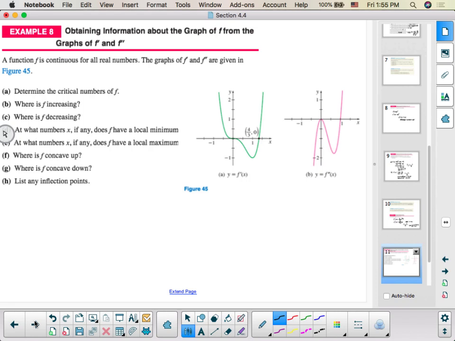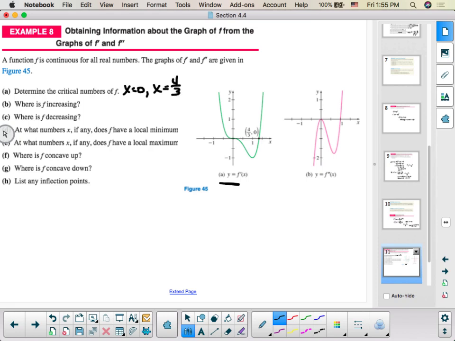Okay, in this example, we are going to be using the first derivative and the second derivative to answer these questions. So if we want critical numbers for the function, we're going to look at the first derivative. Remember, critical numbers are simply where the first derivative is undefined or 0. That happens at x equals 0 in this graph here, and at x equals 4/3.